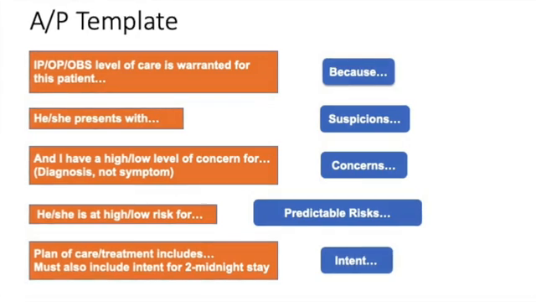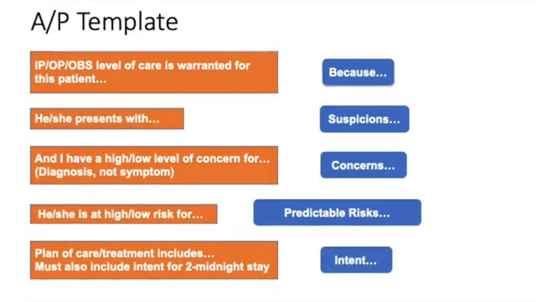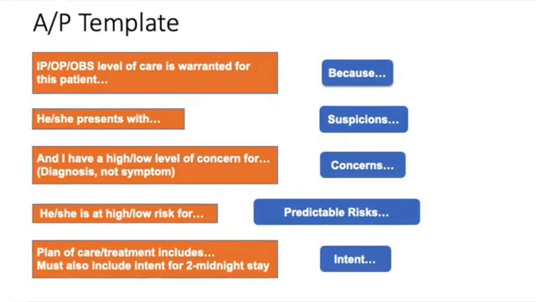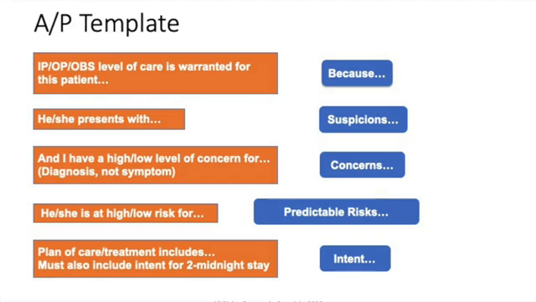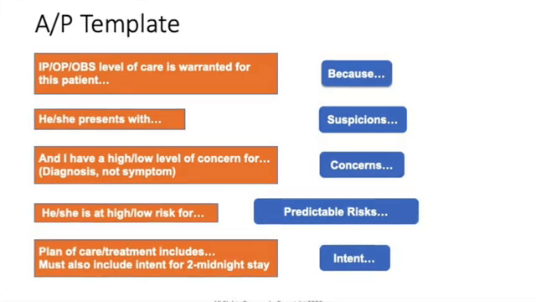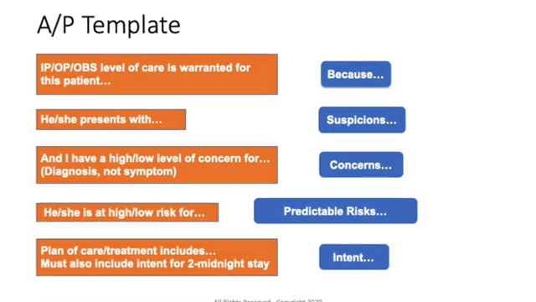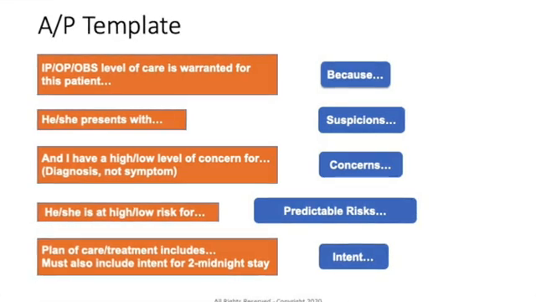These are your concerns, as he or she is at high or low risk for, and here's where you could list your predictable risks. Then we must include a plan of care, treatment, including the need for a 2-midnight stay in the Medicare fee-for-service world.